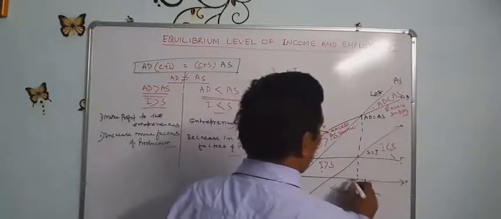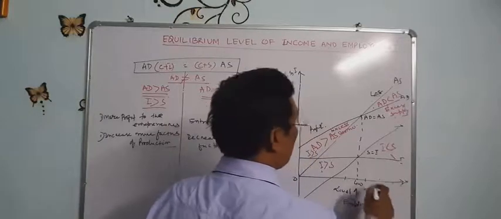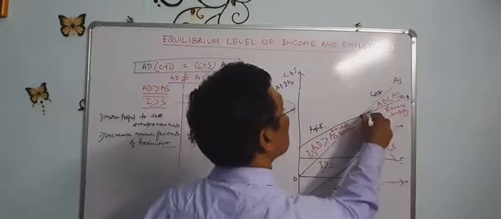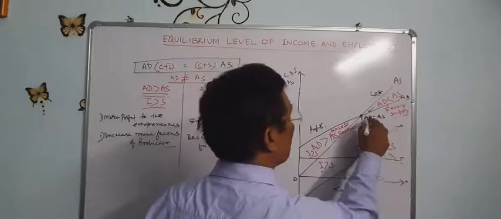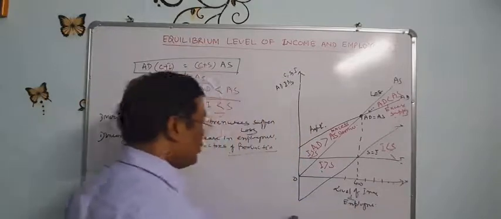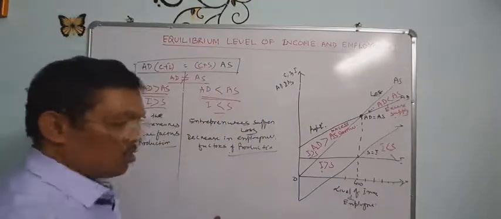If the person employs more and more, he will suffer a loss. To reduce this, the employment of factors of production will be reduced.